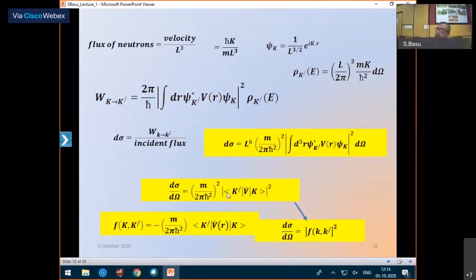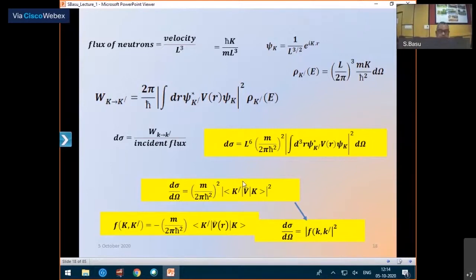Basically, this is the fun of quantum mechanics, that you calculate the amplitude and then you square it, you get the probability. So we always calculate probability amplitudes and square them to get the probability. And when I use this as k k prime, I can write d sigma by d omega equal to f k k prime squared.